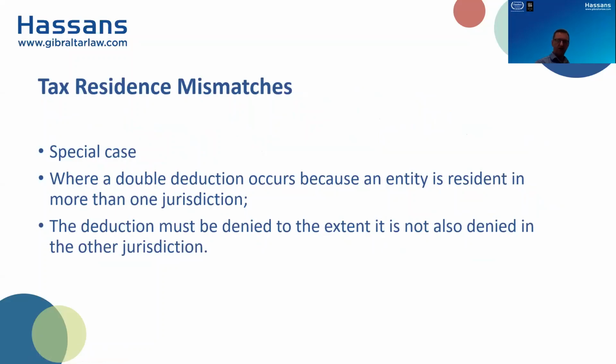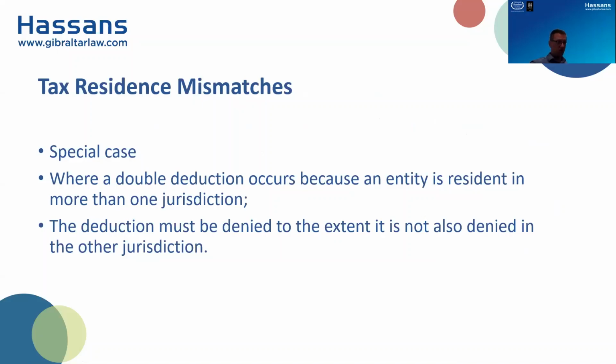So, tax residence mismatches are a special case. Where a double deduction occurs because an entity is resident in more than one jurisdiction, the deduction must be denied to the extent it is not also denied in the other jurisdiction.